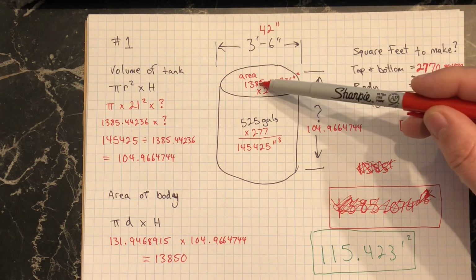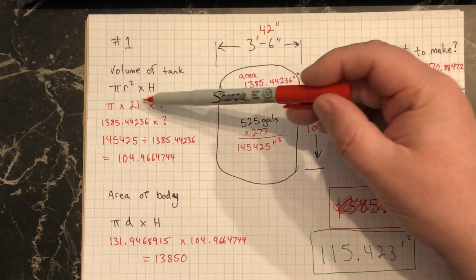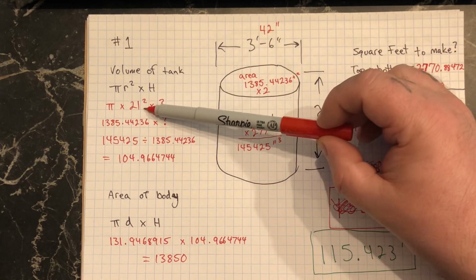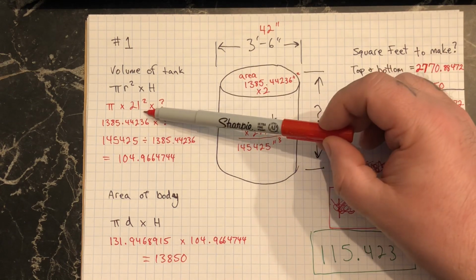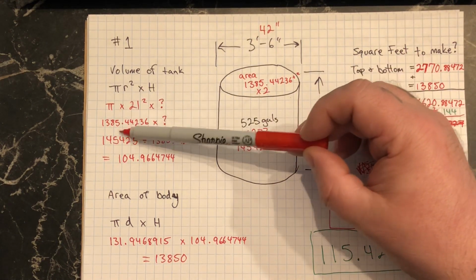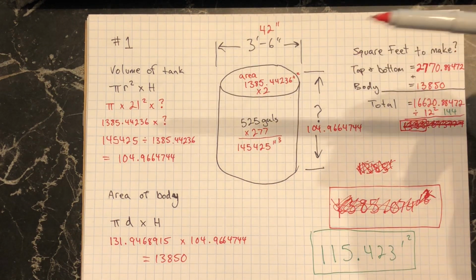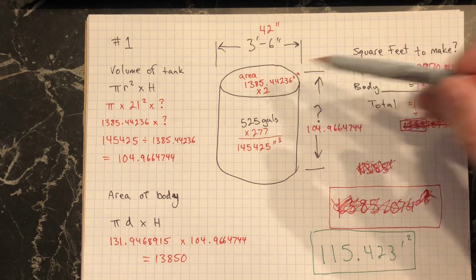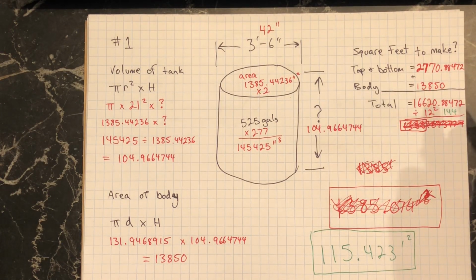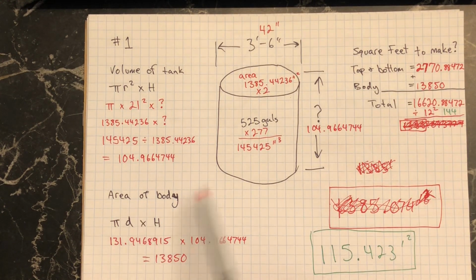The radius is going to be 21 because the diameter is 42. So 21 squared times pi gives you 1385.44236. Multiplied by 2, I got 2770.88472.